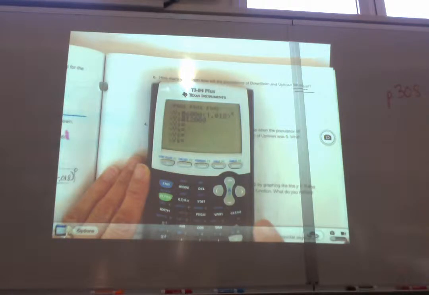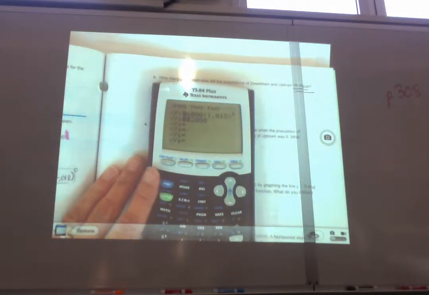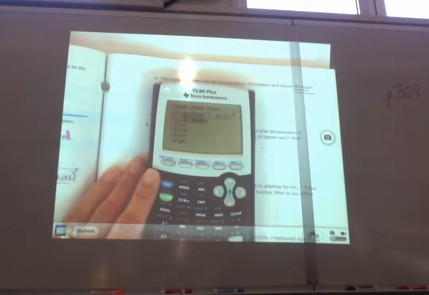I need to go ahead and put downtown back in. 20,000, parentheses, 1 minus 0.015, close the parentheses, caret to make an exponent, add in a variable. I don't need a horizontal line or a flat amount.